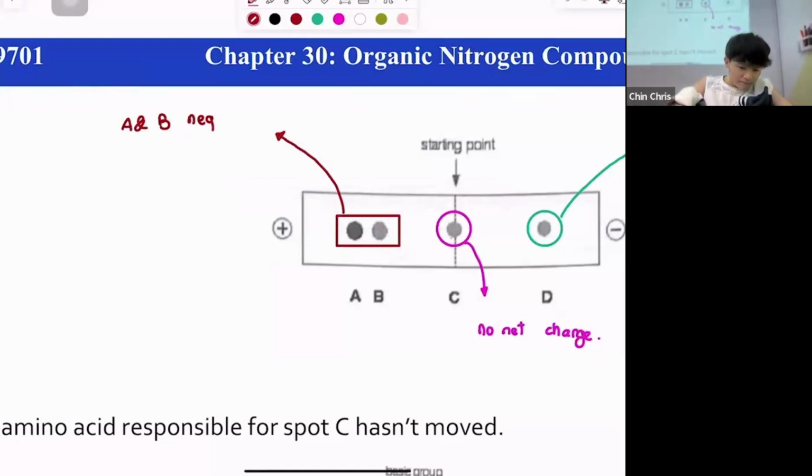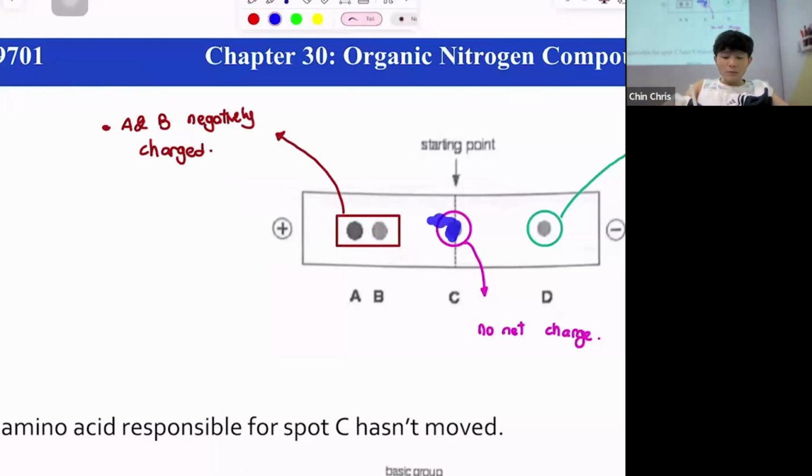Negatively charged, right? Alright, guys, but which one moves faster? A moves faster or B moves faster? This is your starting point. A moves faster than B, right? So I can mention that A moves faster than B.